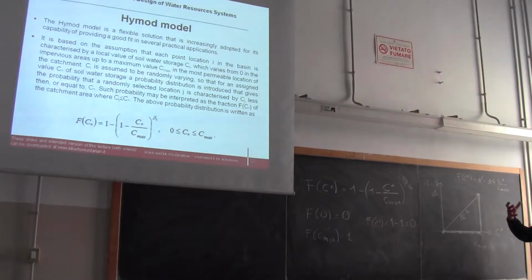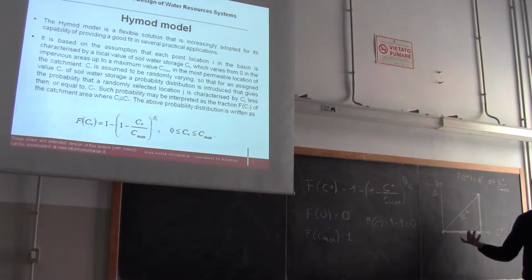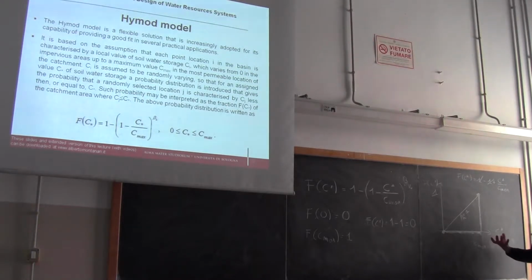Keep in mind that this is a limiting behavior for beta k equal to 0, and in general we don't get this limiting behavior for a model. But basically what it means is you may get it if the catchment is completely impervious. And completely impervious, let me think if I'm saying it correctly, because basically it means that for whatever value of C star, you have the storage in the catchment that is lower or equal than C star is 0.